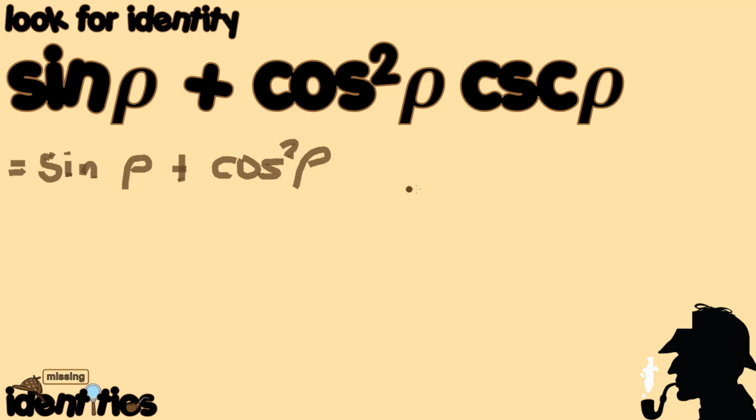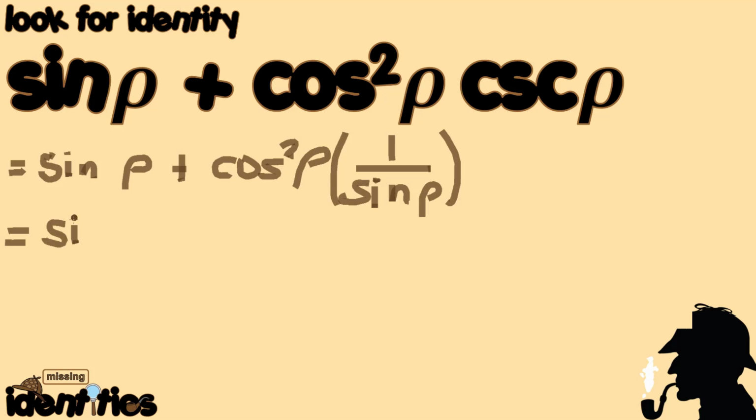More specifically, cosecant rho is the reciprocal of sine, so it is 1 over sine rho. Take note that this is under multiplication and you cannot cancel this nor this here because this is one term. To continue, we can now multiply this into 1.